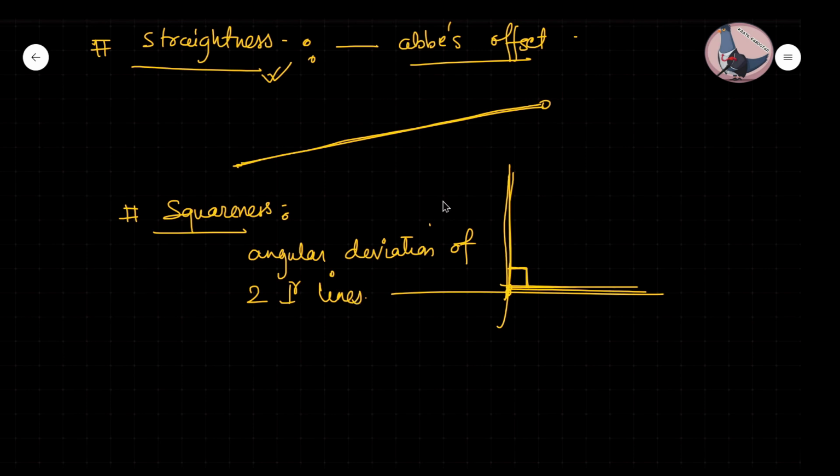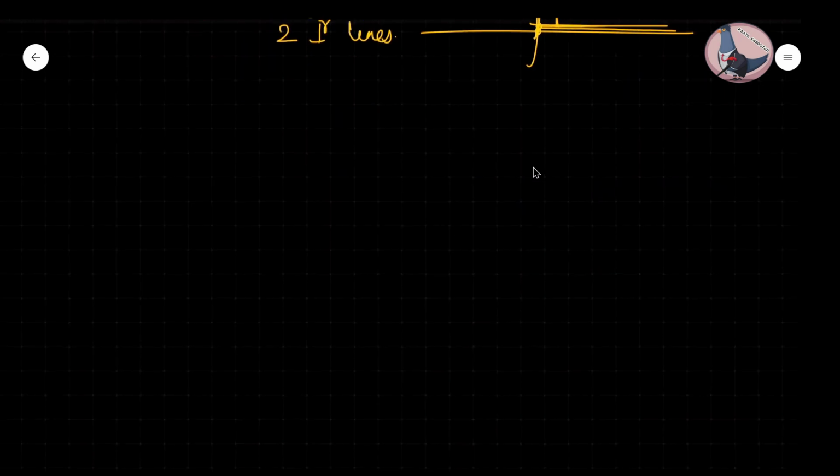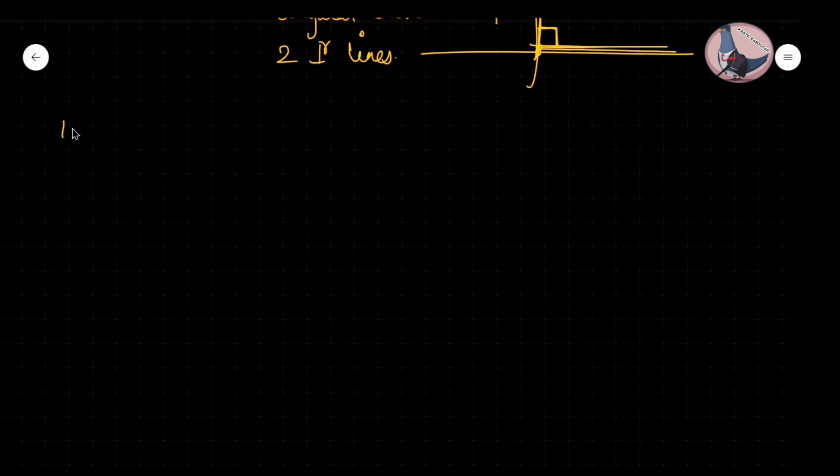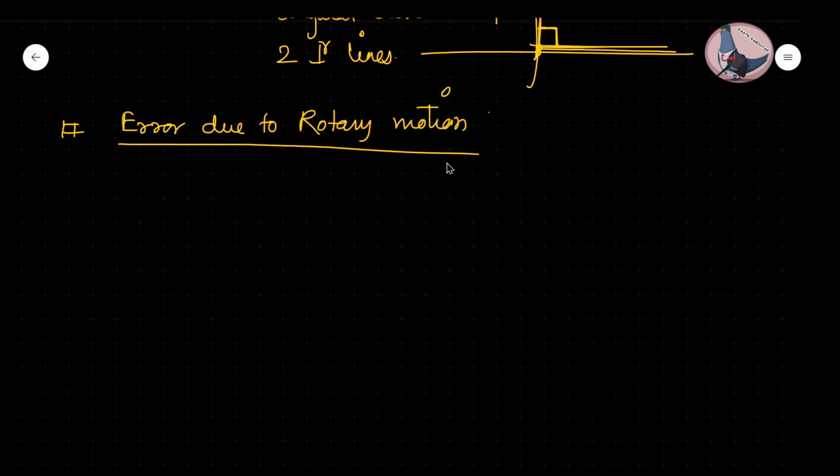Now there is something very important that I was missing. I just remembered it. It is error due to rotary motion. Why is it important? This was your granite bed, and this is your probe.